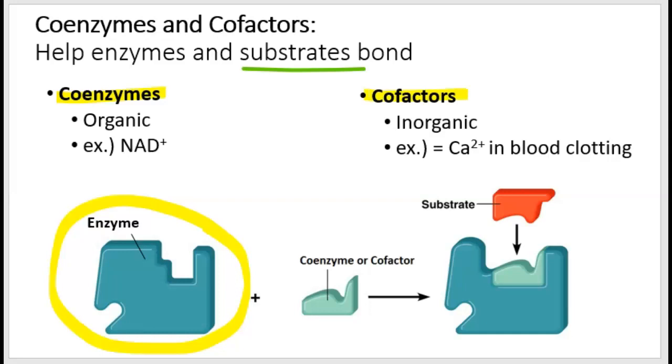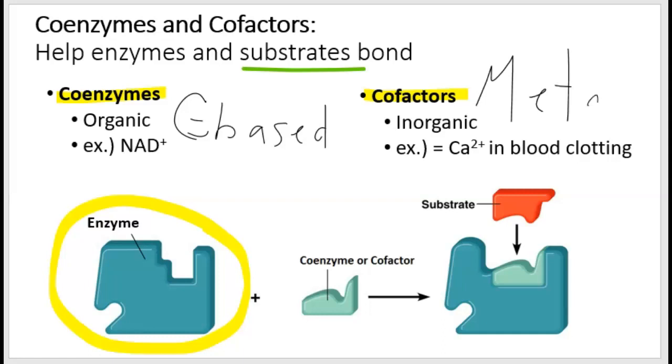So a coenzyme is organic, which means that it is carbon-based. That's what organic means. It doesn't mean there's no chemical treatment. It means carbon-based. Cofactors, on the other hand, are inorganic, and they're usually some kind of a metal, like calcium.